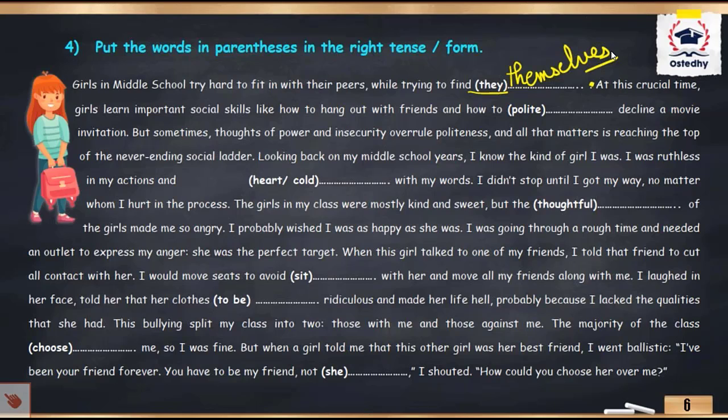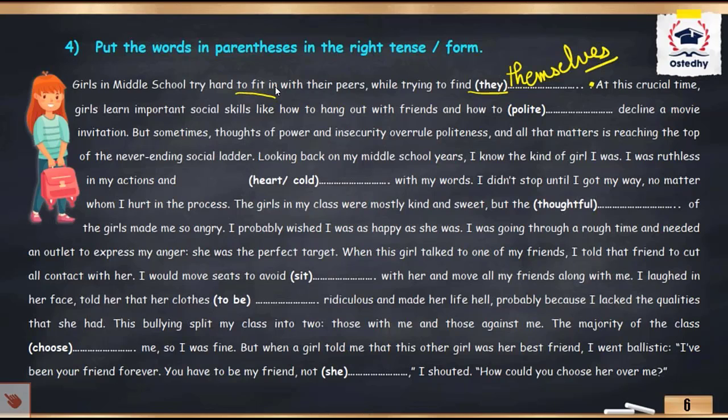Teacher, what does it mean to fit in? To fit in, that means, how can I explain this in Arabic? That means you will not have any difficulty to get into that group. You will be there easily. You will communicate with them easily, will be friends with them very easily, etc. So you will not have a problem to mix with them.